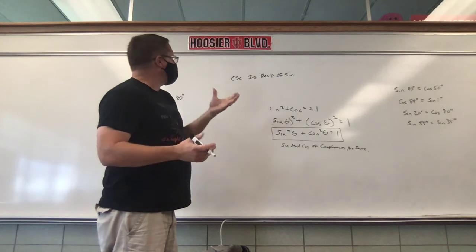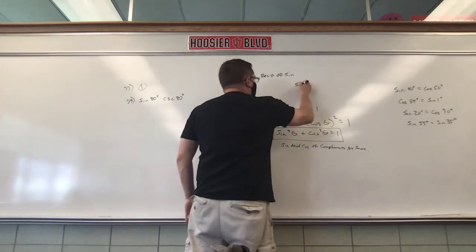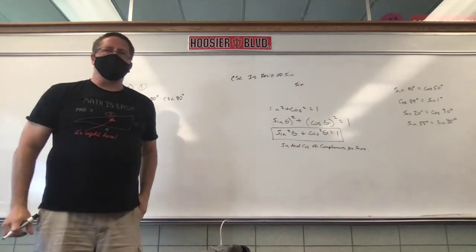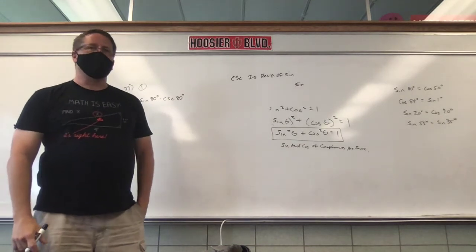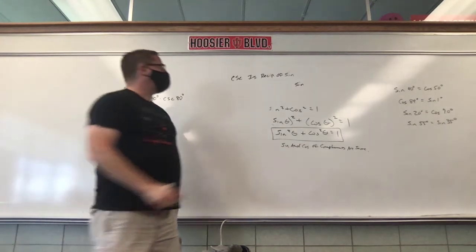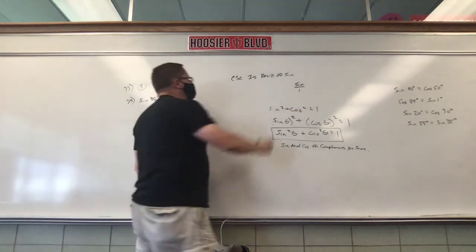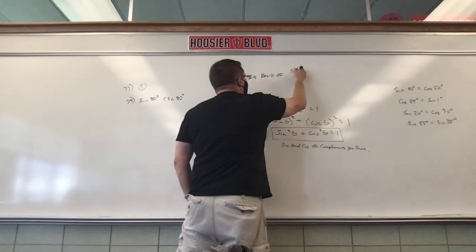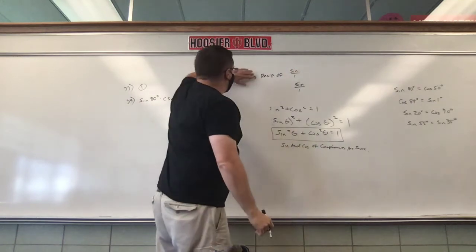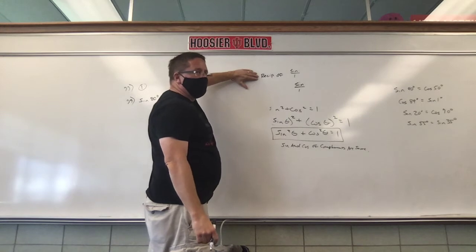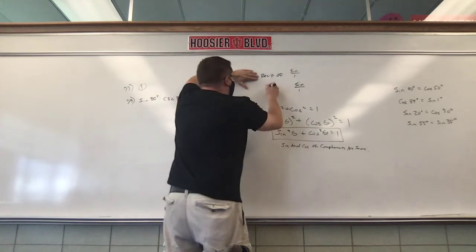So if I just did this, sine, let's make sine into a fraction. How do you make anything a fraction? Don't think hard on this. Put it over 1, okay? So cosecant is the reciprocal of sine over 1. Flip sine over 1: 1 over sine.